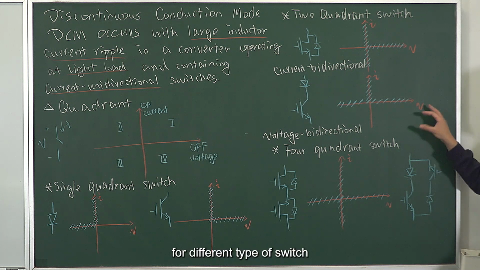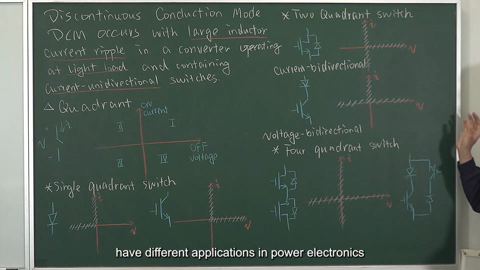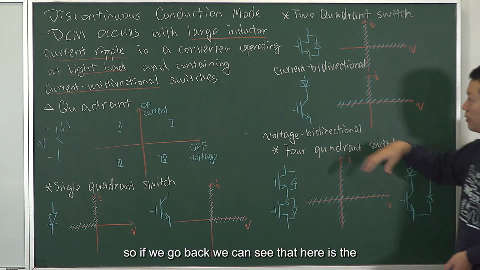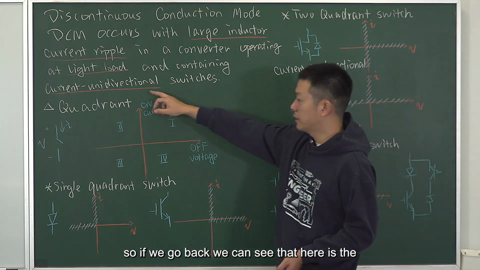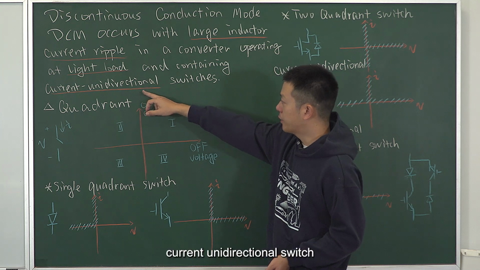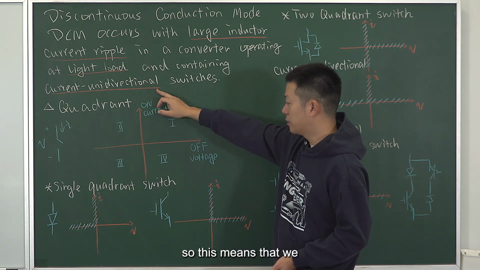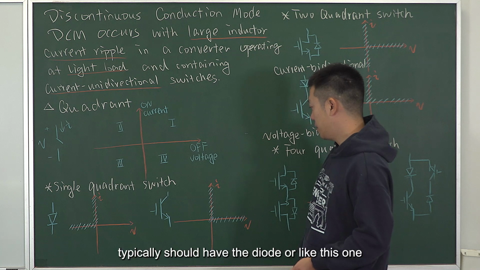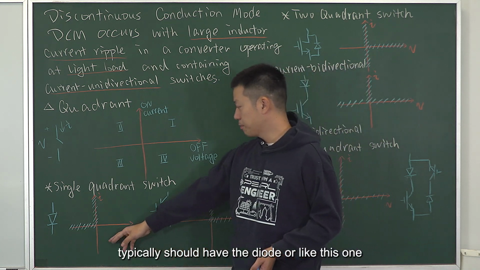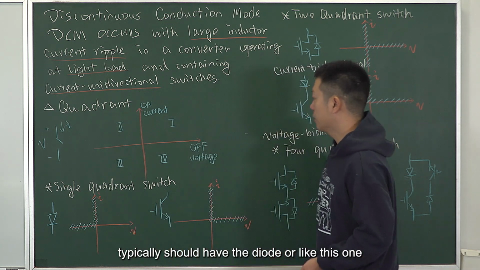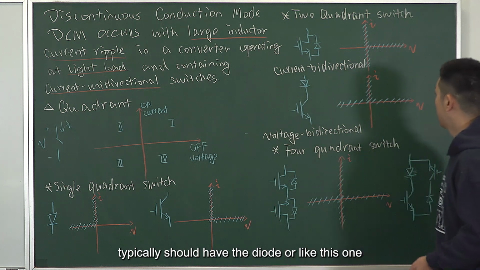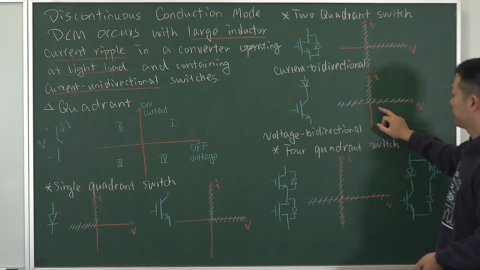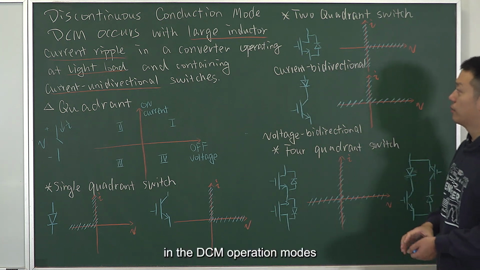Different types of switches have different applications in power electronics. If we go back, we can see that here is the current unidirectional switch. This means that we typically should have the diode, or a device like this one, in the DCM operation modes.